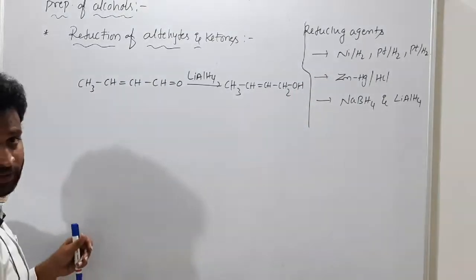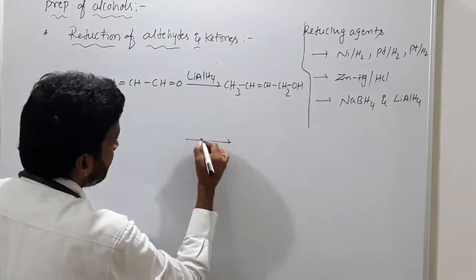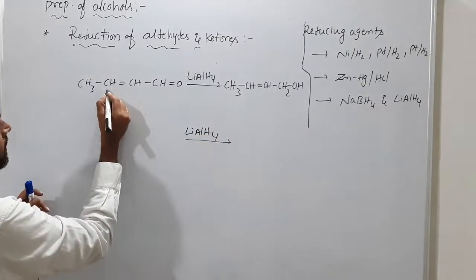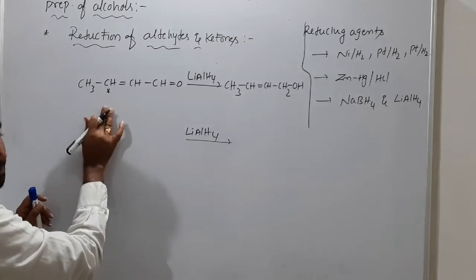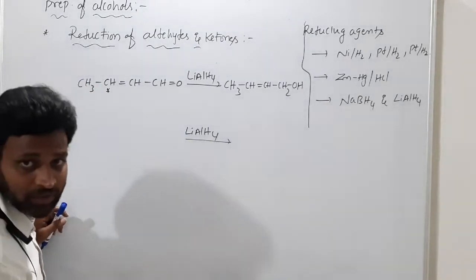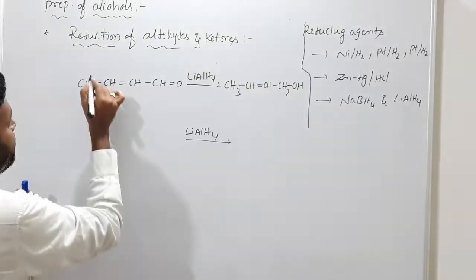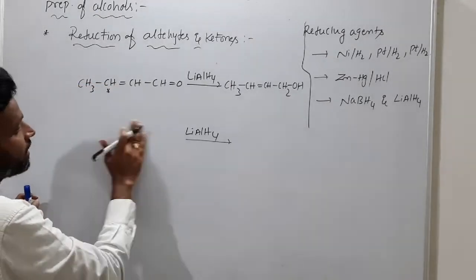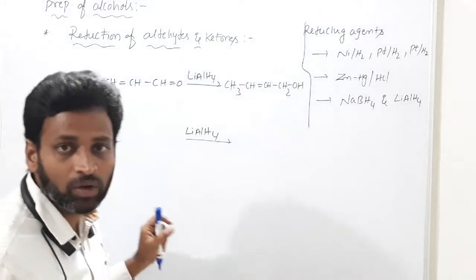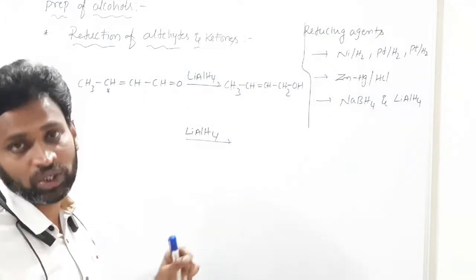But if you use the same LiAlH4, if this double bonded carbon is attached with a phenyl group, instead of this methyl, then what happens? Reduction happens. That C double bond C will also undergo reduction.